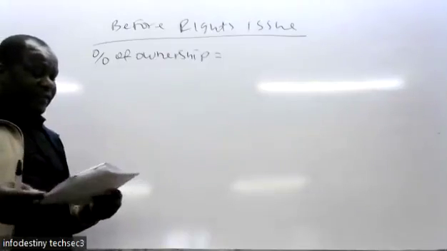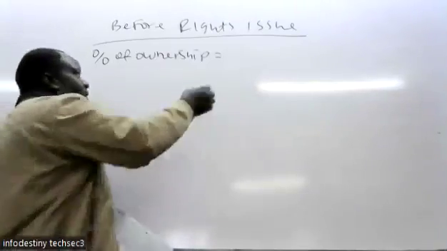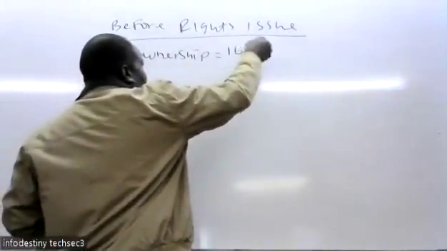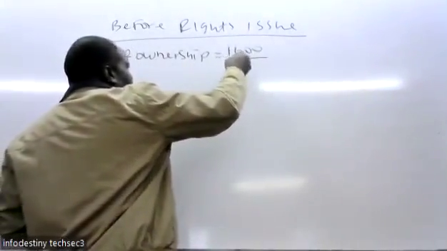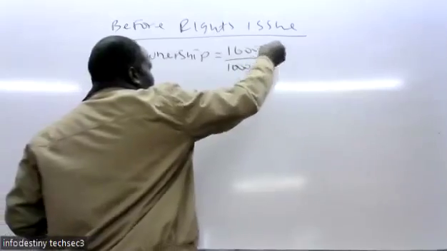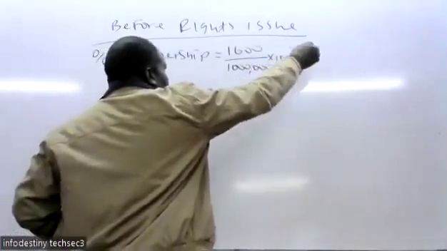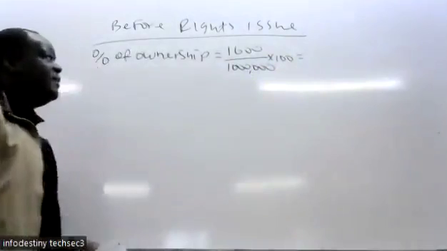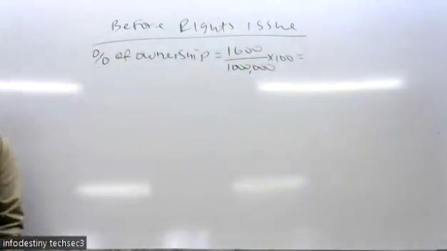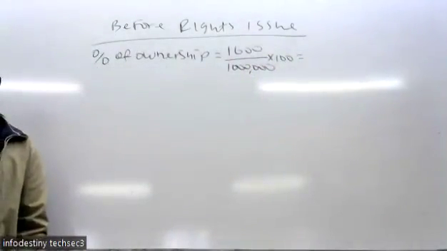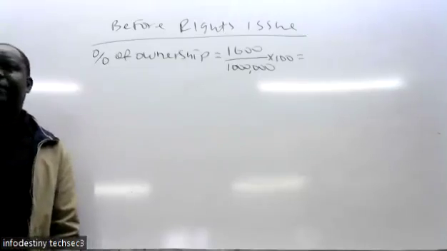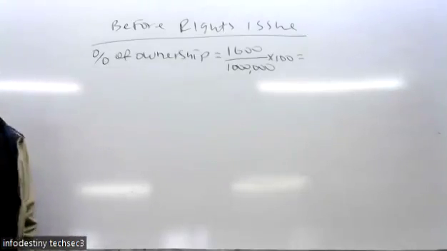They are saying the investor has 1,600 shares. Then you remember the existing number of ordinary shares we calculated was 1 million. That will give you the percentage of ownership.